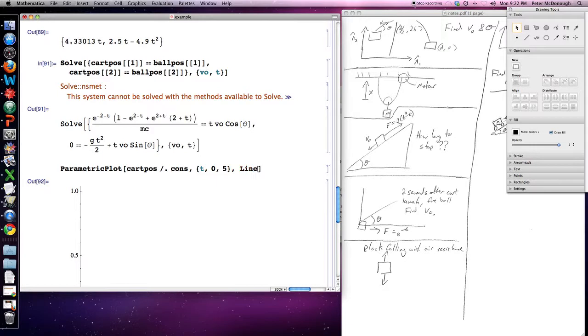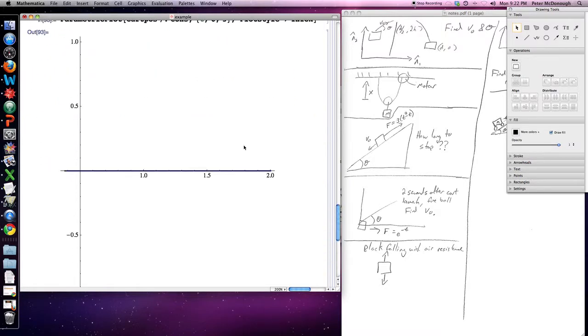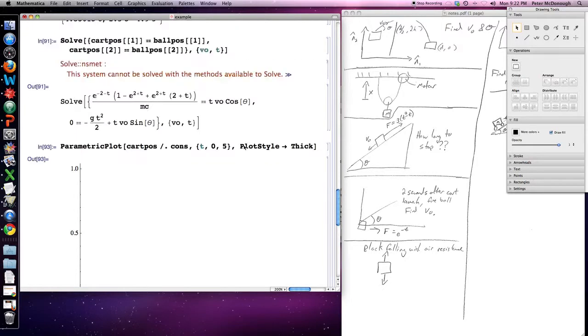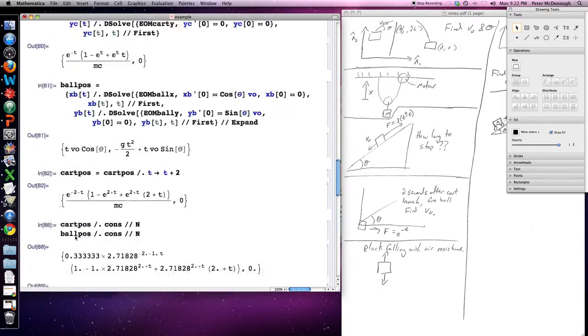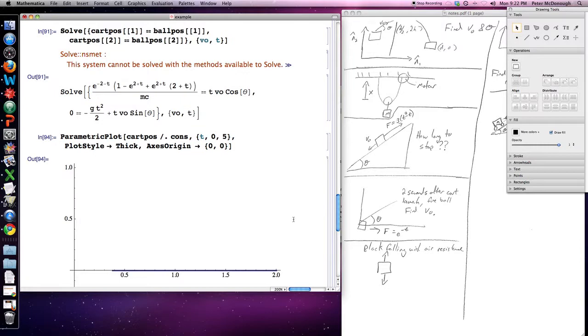Plot style, perhaps. It's thick. Yeah. So doing a plot style thick makes our line thicker, and I'm also going to start this plot at the origin so I don't confuse myself. So axes origin will set at 0, 0.